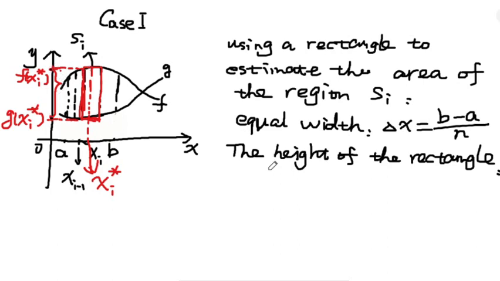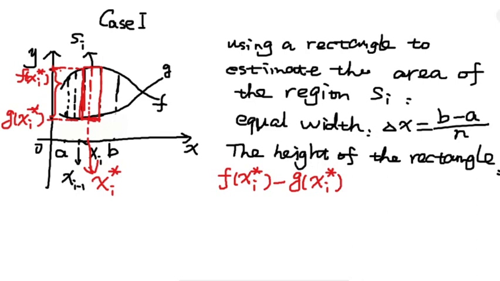So the height of the rectangle becomes the difference of the two functions at xi star, which is f of xi star minus g of xi star. That is the height of the ith approximating rectangle.